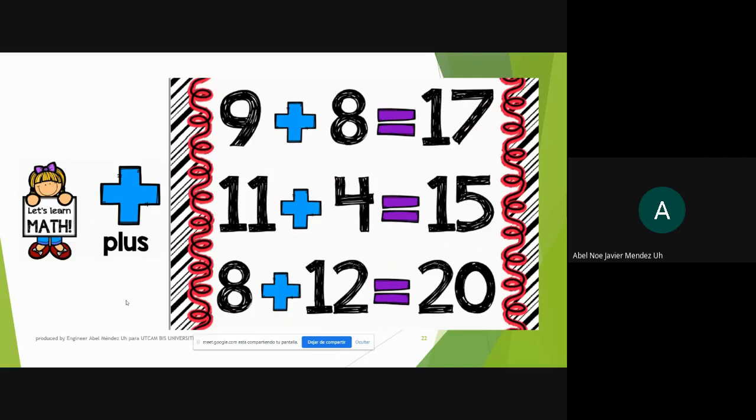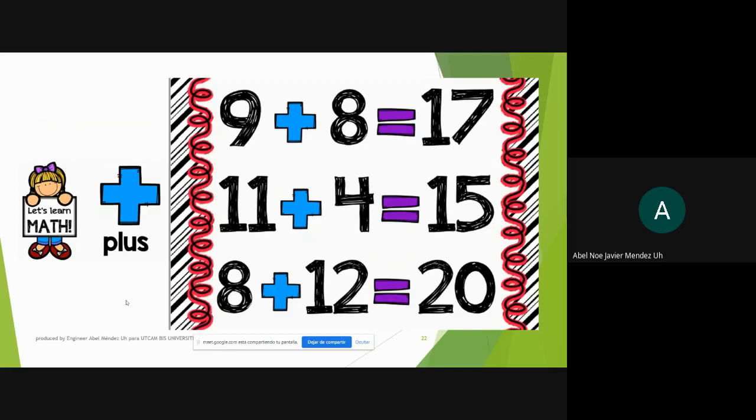And the second operation? 11 plus 4 equals 15.